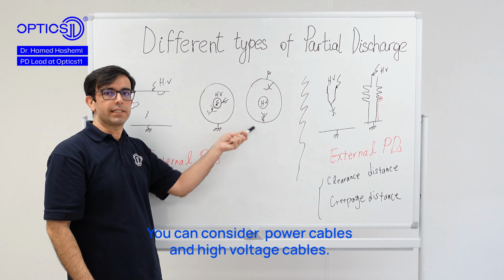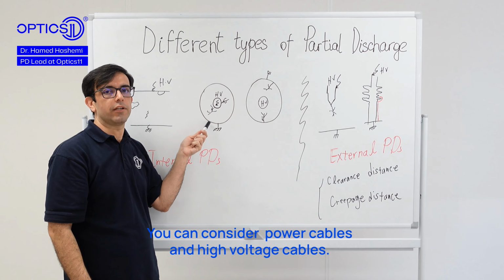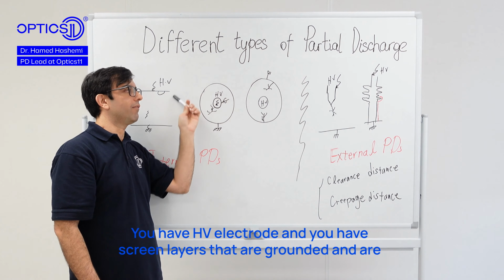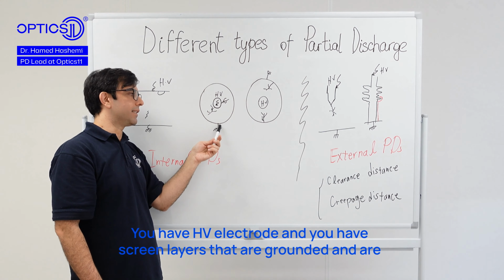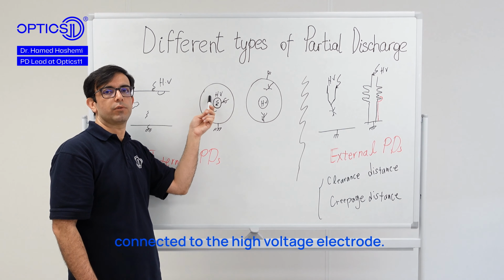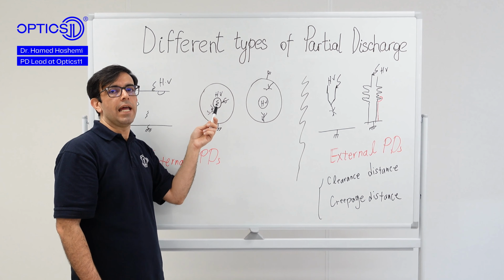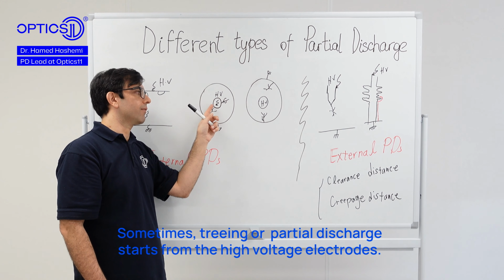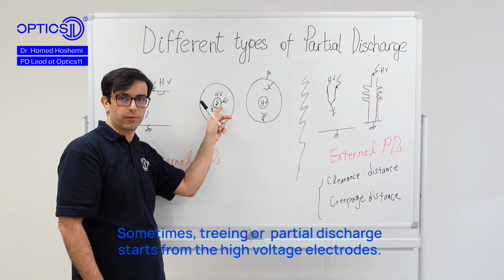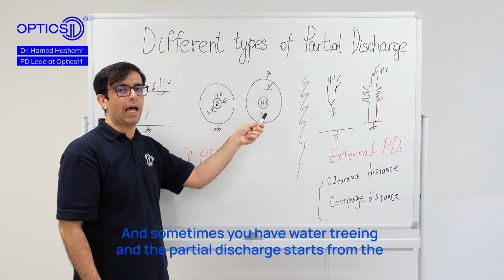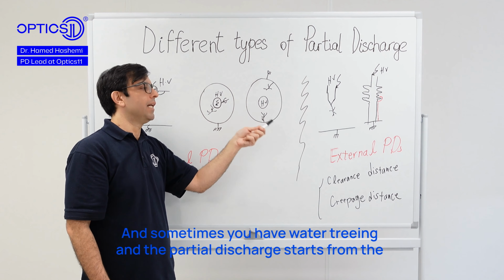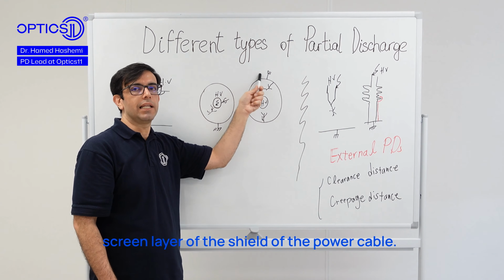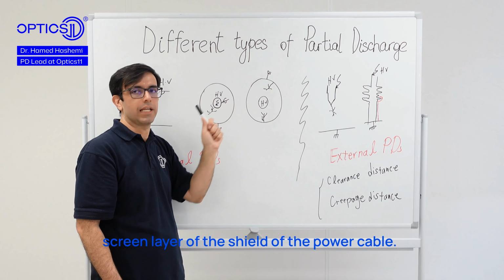You can consider power cables and high voltage cables. You have the HV electrode and you have screen layers that are grounded, separated from the high voltage electrode. Sometimes electrical treeing partial discharge starts from the high voltage electrode, and sometimes you have water treeing and the partial discharge starts from the screen layer, the shield of the power cable.